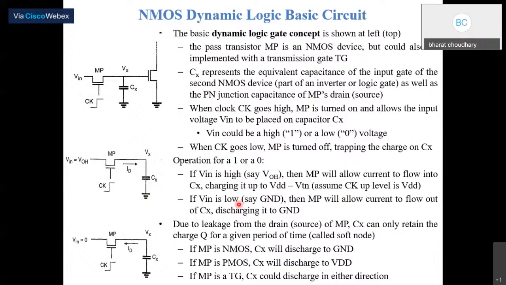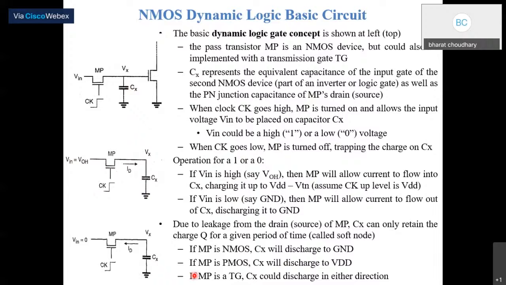And if Vin is low, meaning it is connected to ground, then MP will allow current to flow out of CX, meaning the current will flow in this direction, and this will work like a source. If this is connected to the ground terminal, this will work like a voltage source. So if MP is an NMOS transistor, this capacitor will discharge to the ground, and if this transistor is PMOS, it will discharge to VDD, because if this is a PMOS transistor, those terminals are connected to the higher potentials.